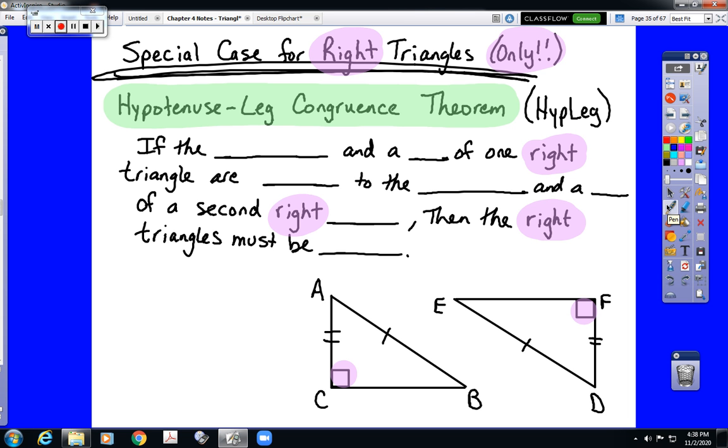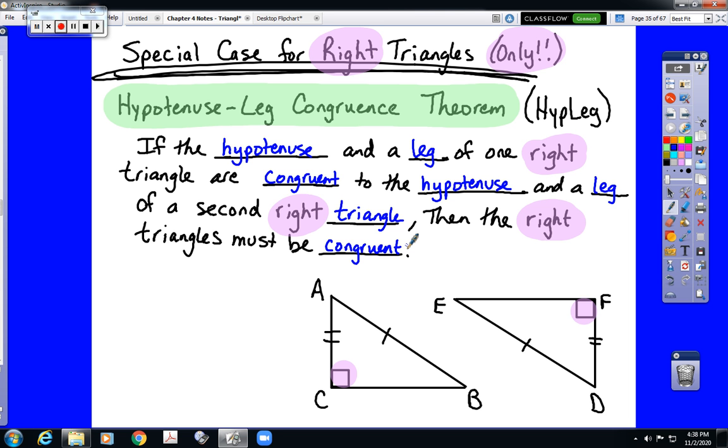The hypotenuse-leg congruence theorem says if the hypotenuse and a leg of one right triangle are congruent to the hypotenuse and leg of a second right triangle, again notice the word right, it only applies to right triangles, then the right triangles must be congruent.